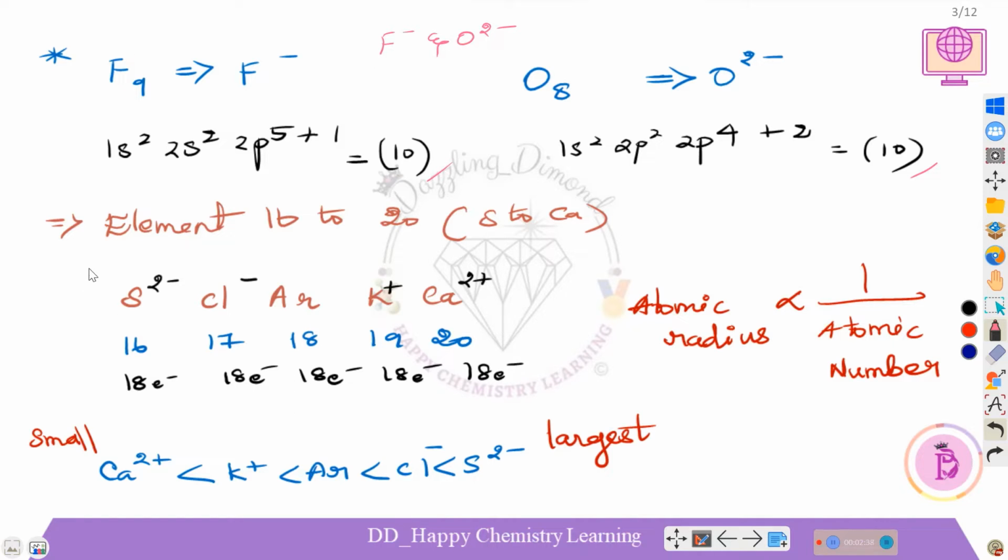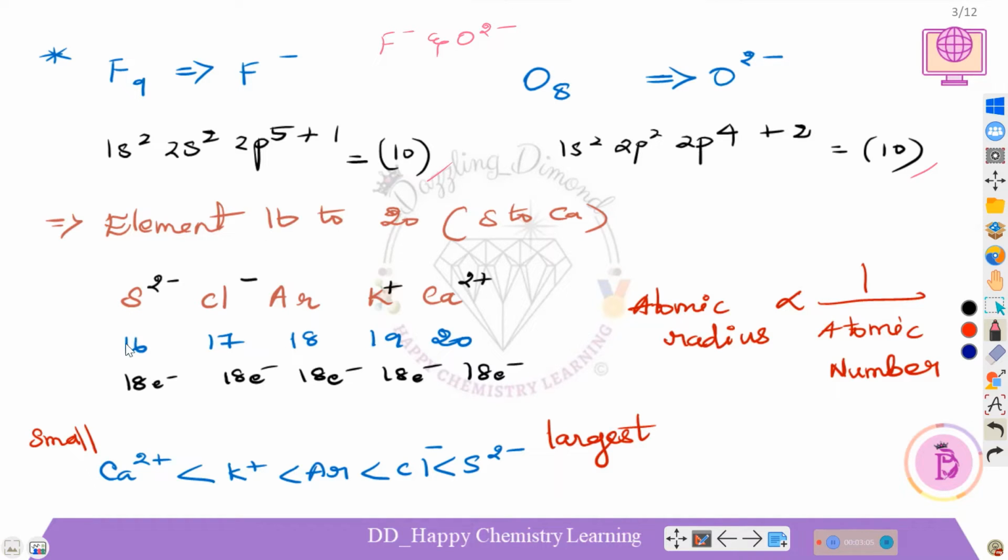Okay, we will see another thing. Suppose you take elements from 16 to 20, that is from sulfur to calcium: sulfur, chlorine, argon, potassium and calcium. They have atomic numbers 16, 17, 18, 19, 20, hence the electrons present are also 16, 17, 18, 19, 20.